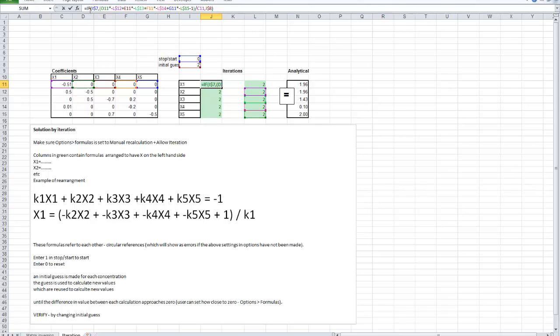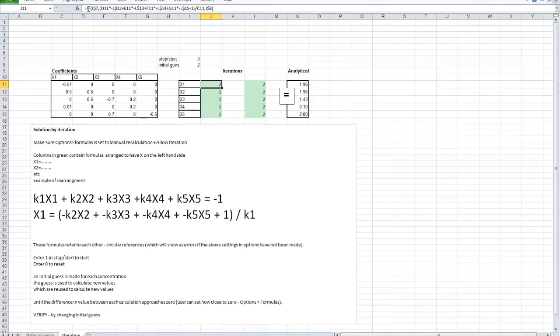If I7 is 0, 0 is taken as being false. So if it's false, then it won't carry out and insert this calculation. It'll insert the second term, which is the initial guess. To start with, we've put in a 0, stop the process.